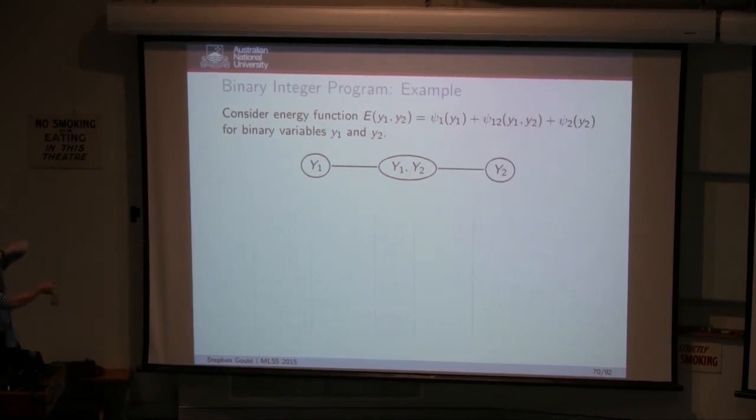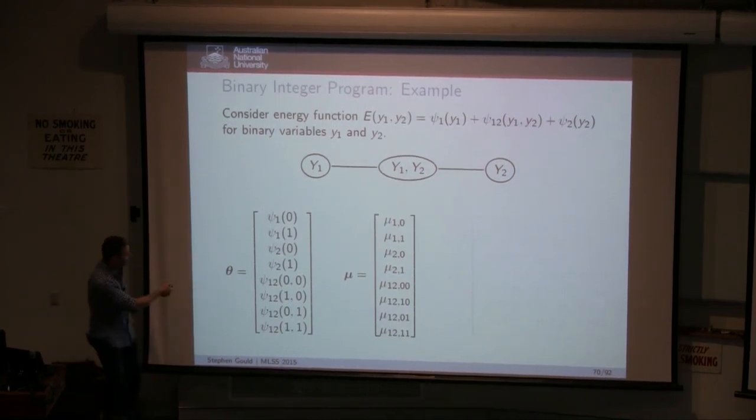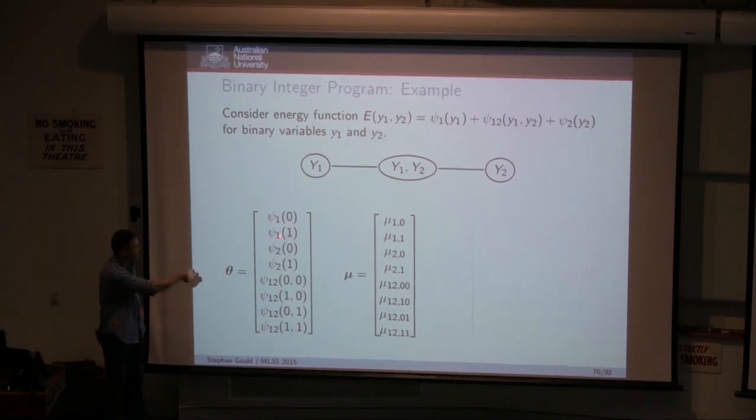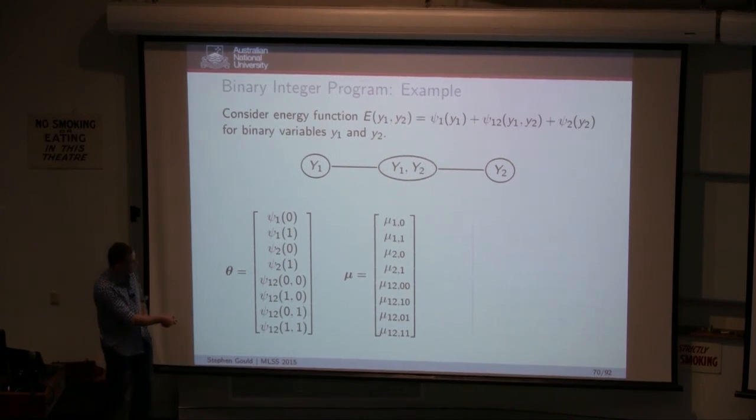So again, we go to our favorite example of the 2-variable model. So here I'm going to write out my weight vector or parameter vector as the values for each of the particular clique potentials, right? So here are the values for the first clique potential, either taking value 0 or 1, the second one, and the third one over the 2 variables.